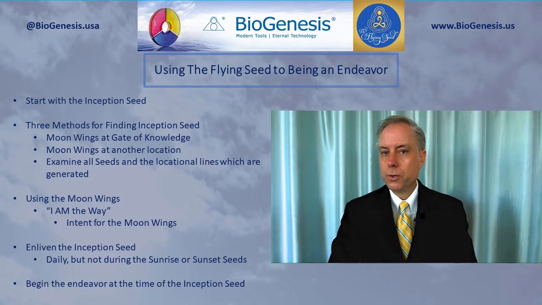So then, once you have the inception seed, what do you do? You can go to the website, and using the website calculator, you will simply find the next time that would be convenient for the beginning of your project that happens to have the daily seed be that inception seed.